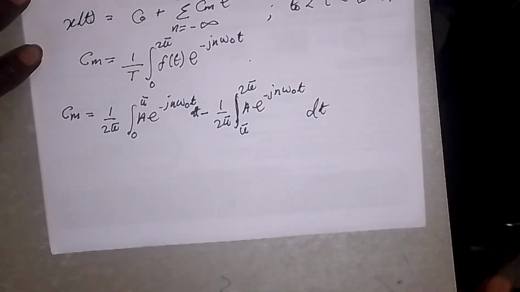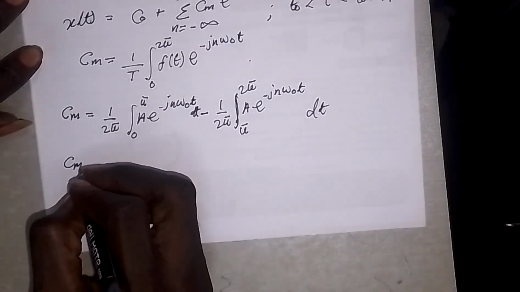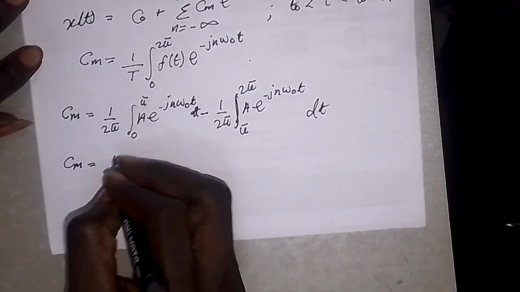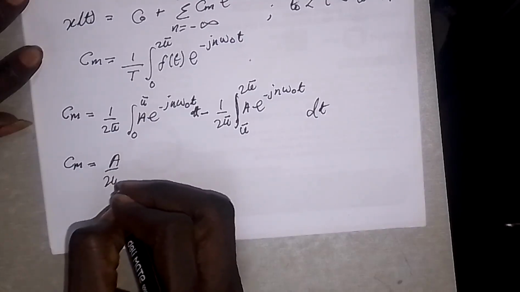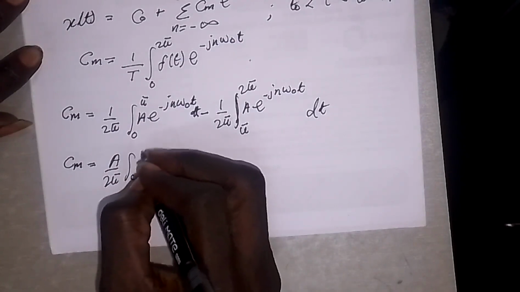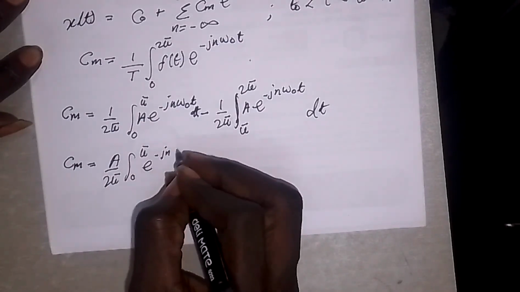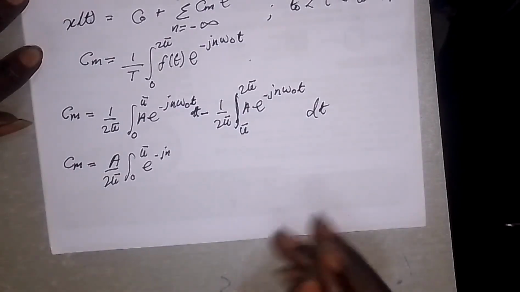Proceeding from here, I can say that Cn is equal to a over 2 pi into the integral from 0 to pi of e^(minus j n omega naught t). What is the value of omega naught?